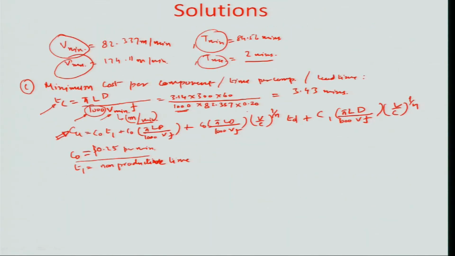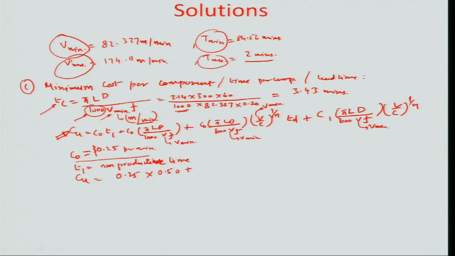So it is a non-productive time that is getting added here. So here therefore the final cost equation per component Cu comes out to be equal to 0.25 per minute times T1, which in this particular case is 0.50, plus again, if you look at the condition corresponding to the minimum cost model, V gets replaced by V minimum in all the places in the equation where V has been reflected.